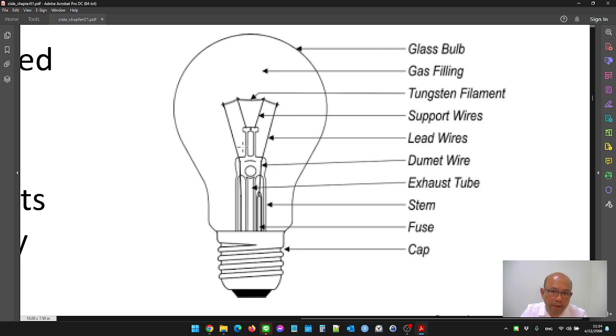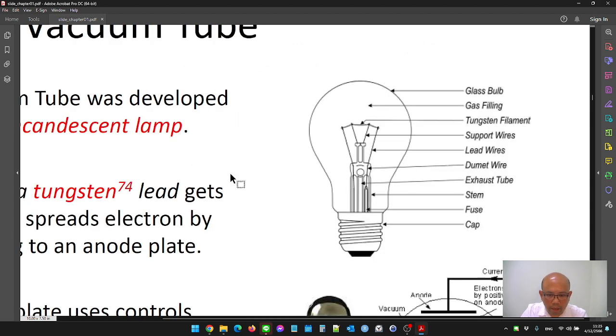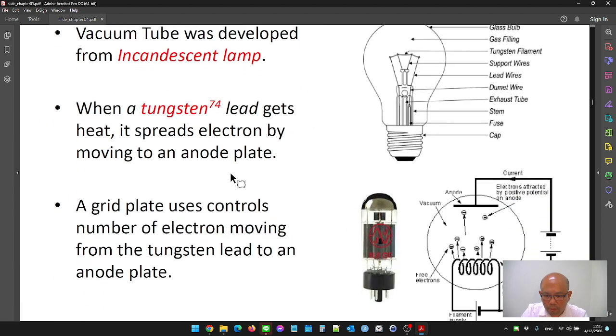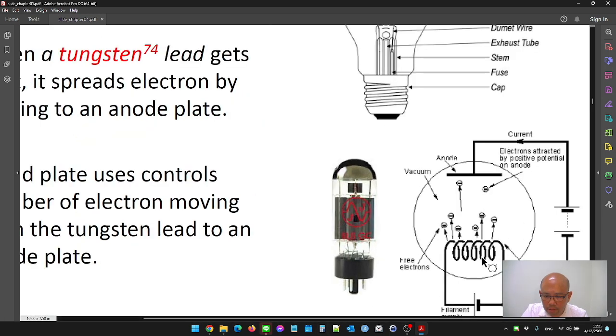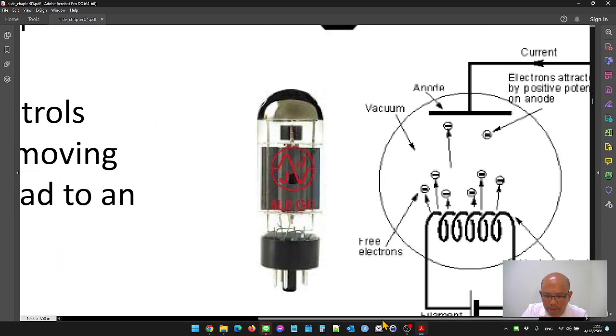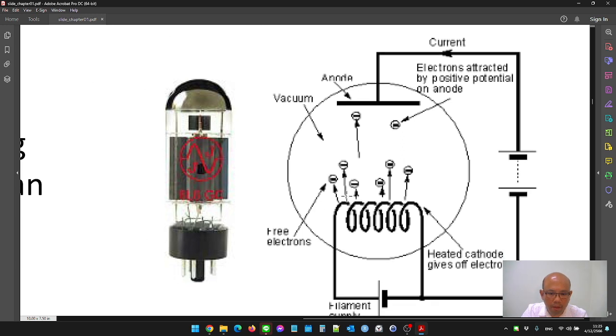When we supply power to the tungsten filament, it burns and generates brightness, but because there is no oxygen inside the light bulb, it is not consumed. Okay, here in this symbol, this represents a light bulb with a tungsten coil.